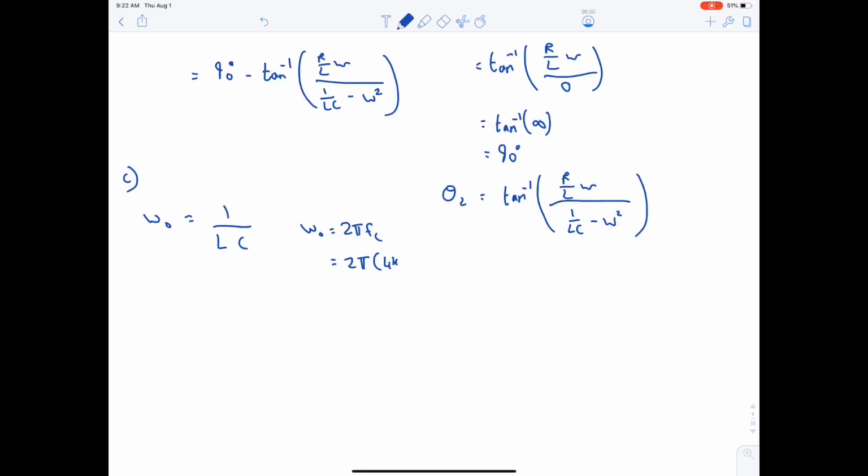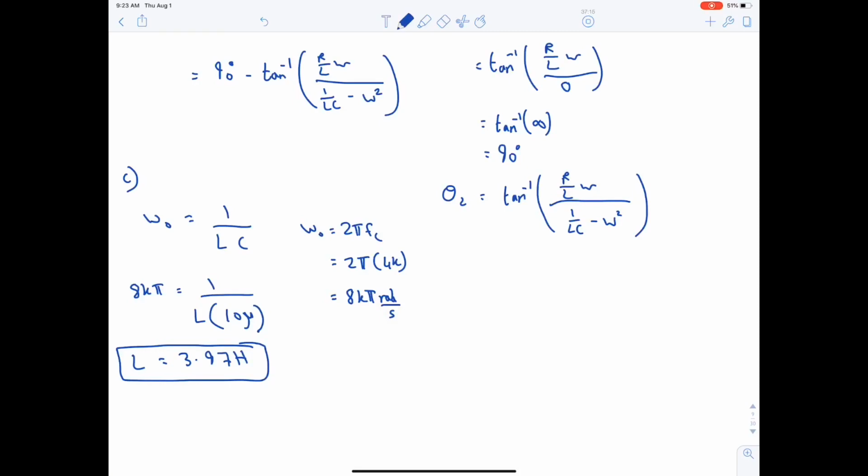It was 4k, so the answer is 8k pi rad per second. So 8k pi equals 1 over the square root of L times C. L is unknown and C is 10 micro, if you remember from the question. So the answer for L is 3.97 Henry.